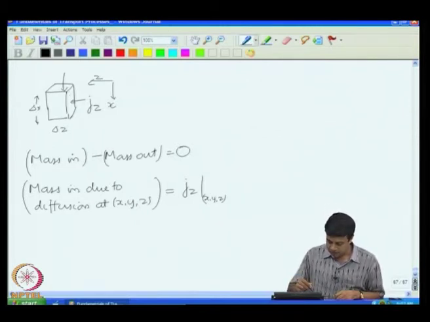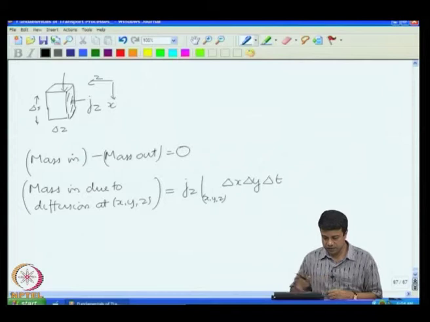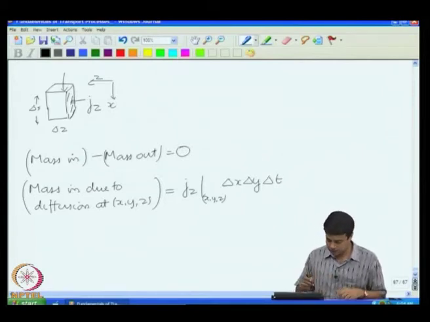The area perpendicular to the z direction is delta x, delta y times delta t. Okay. So, that is the mass in on the left face, at the location z due to diffusion.